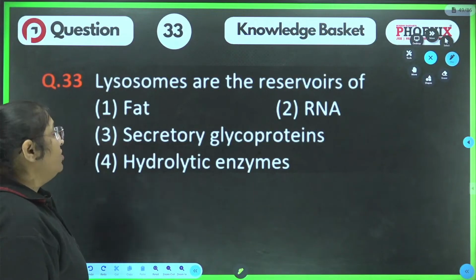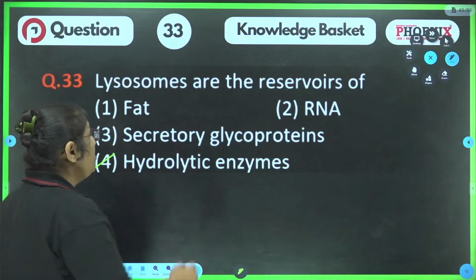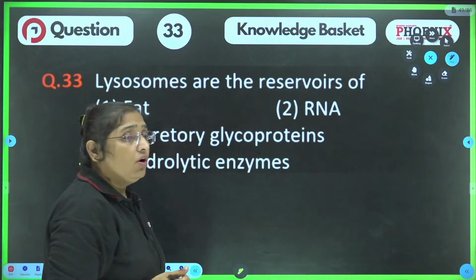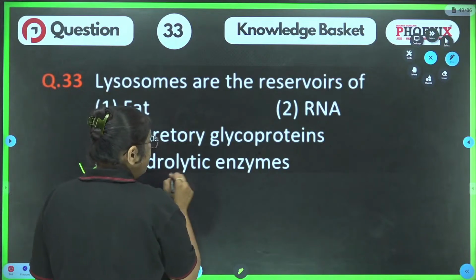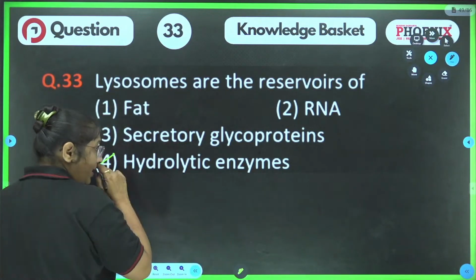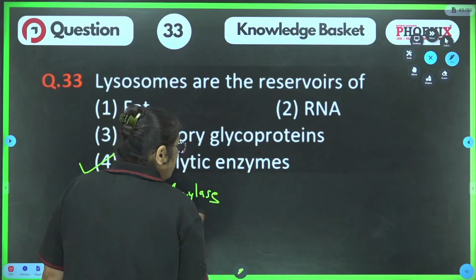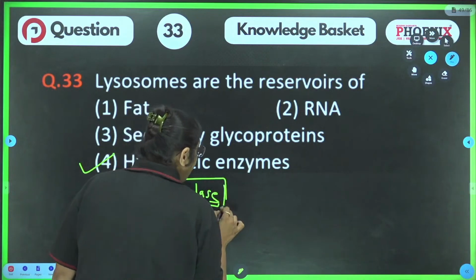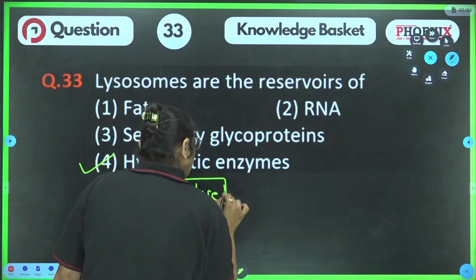Lysosomes are the reservoirs of hydrolytic enzymes. Yes, because it has the activity of engulfing things and breaking things down, so it has hydrolytic enzymes. Now we can say that amylase is also a kind of hydrolytic enzyme. It will denature the things.